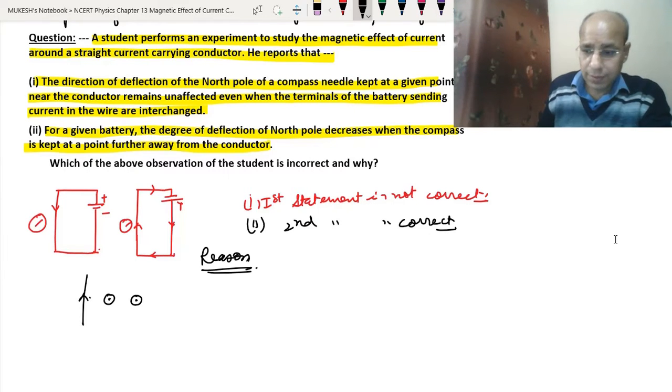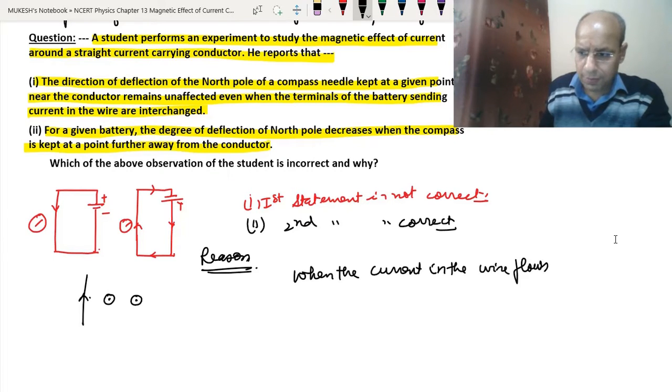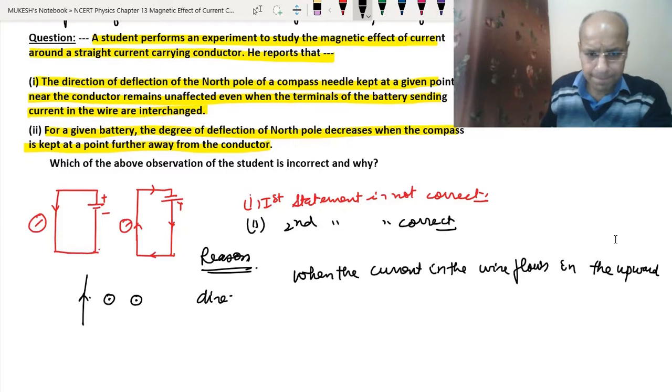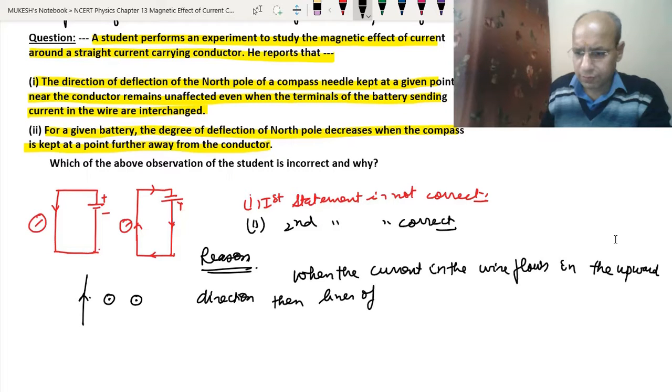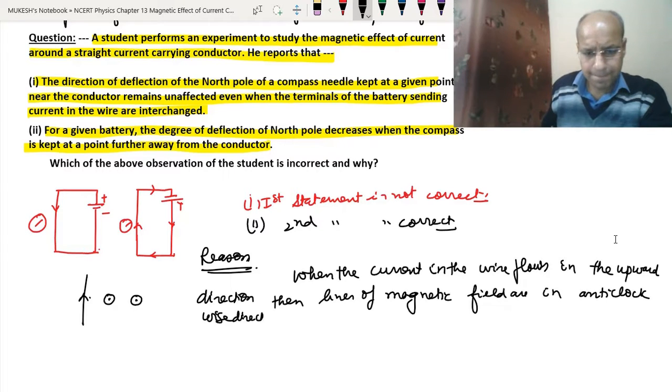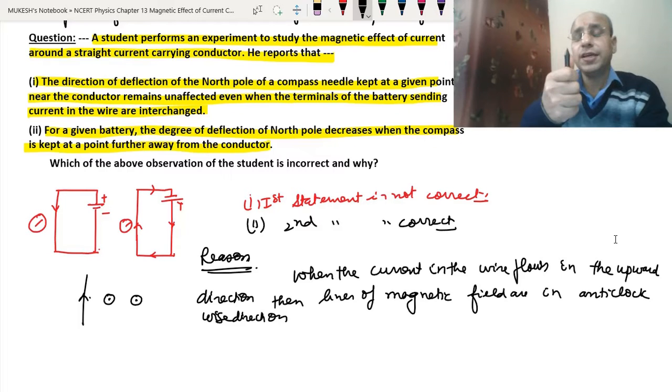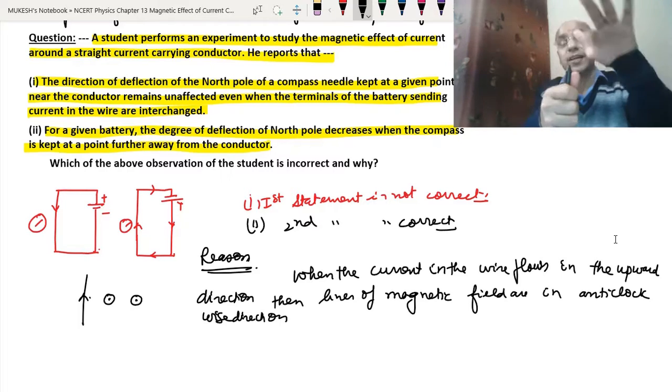The reason: when the current in the wire flows in the upward direction, the lines of magnetic field are in anti-clockwise direction. That means like this we will see. This is anti-clockwise from the right hand thumb rule.